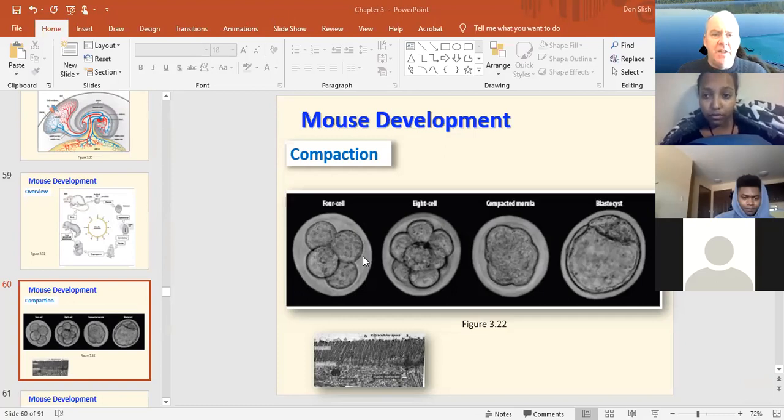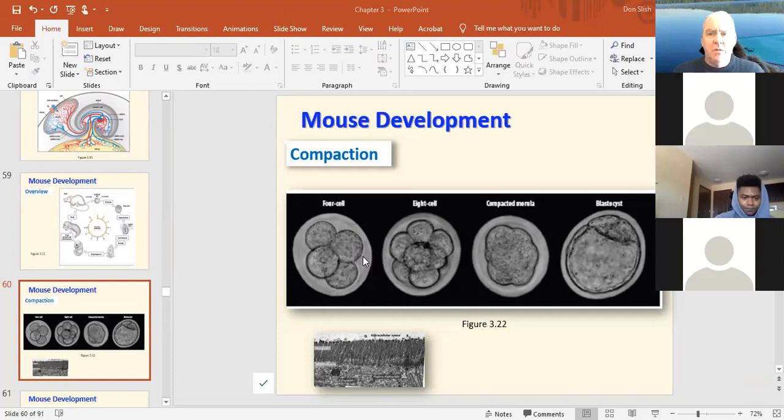And once they fertilize the egg, similar to what we saw in, I believe it was the chick, the egg cell is frozen after the first meiotic division. So when the sperm fertilizes the egg, it goes through the second meiotic division, produces the final egg cell, and also another polar body.